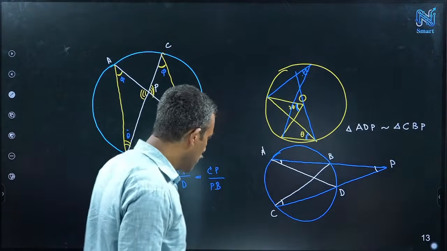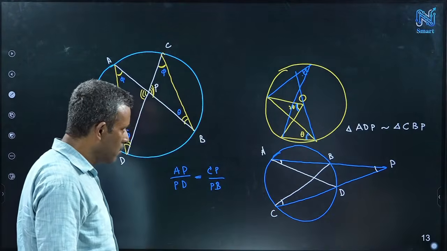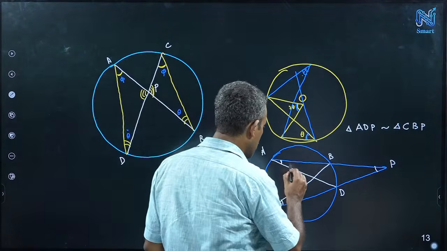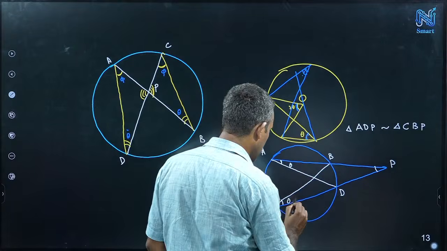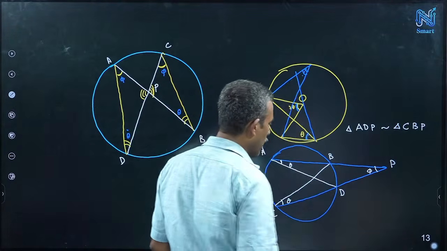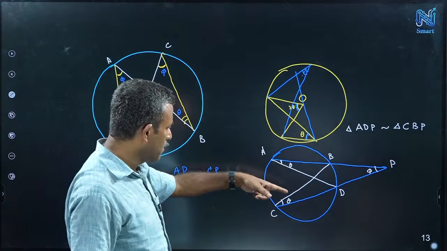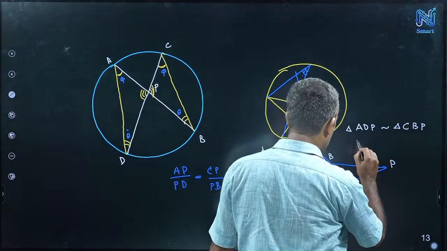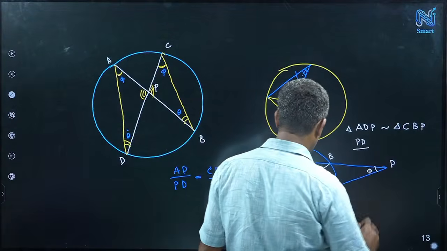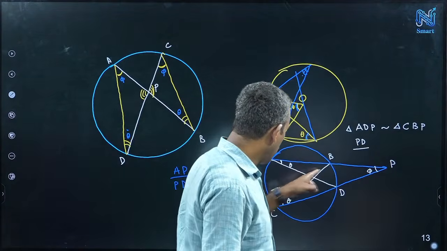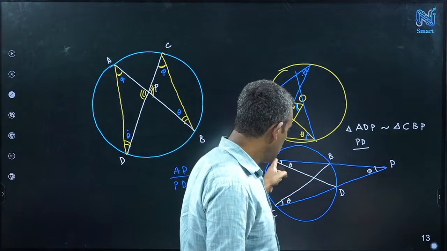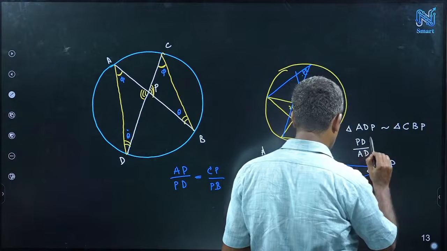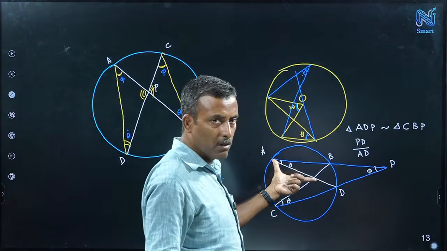So from that what do we get? So this is theta, this is common angle phi. Now opposite to the theta, right? PD divided by opposite to the phi, so opposite to phi AD, right?